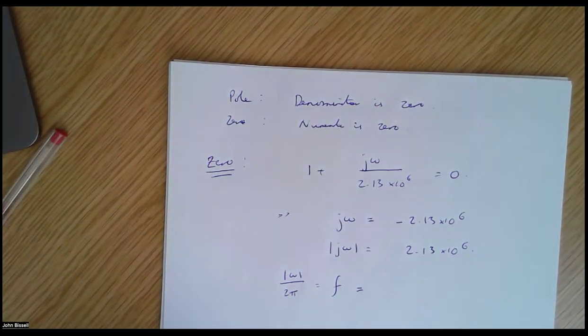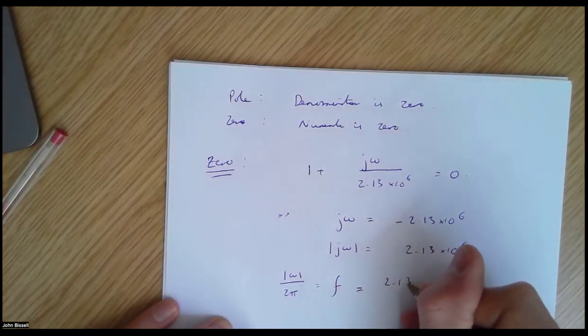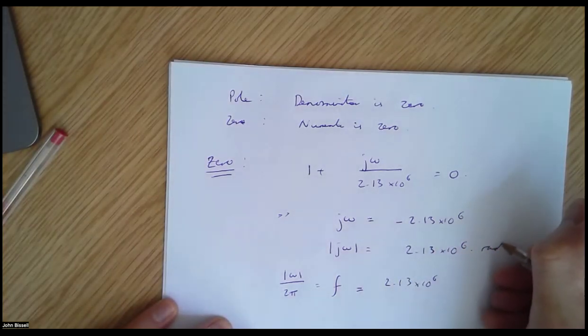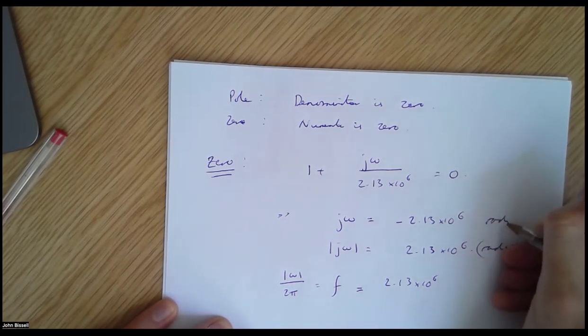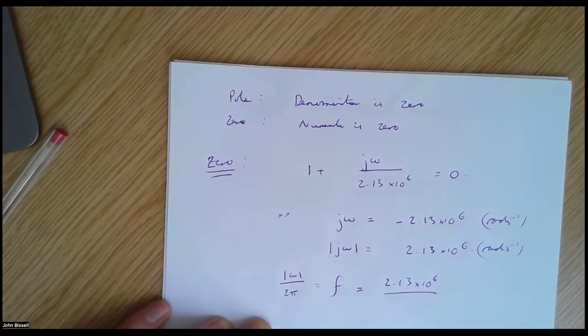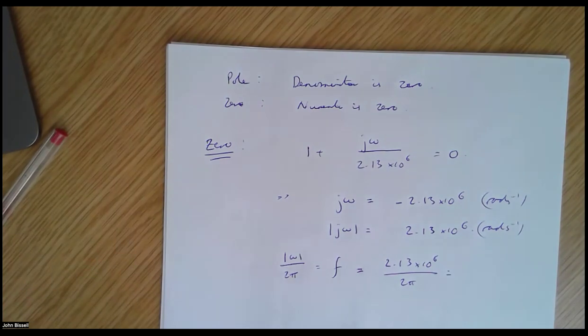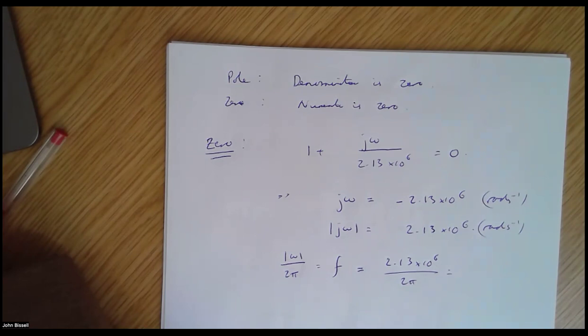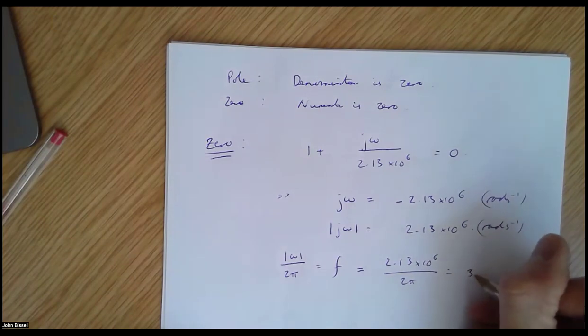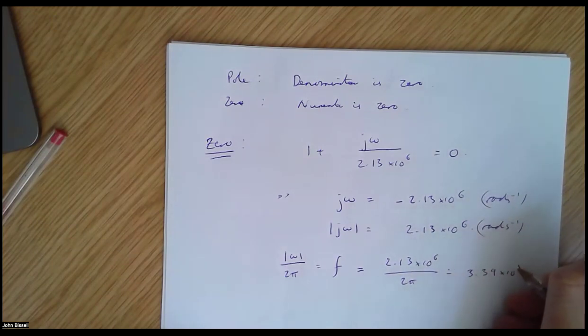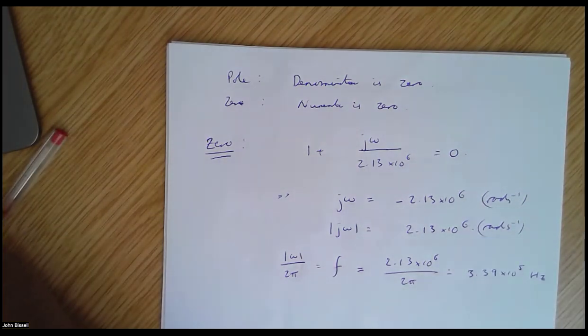This is radians per second, so divide by 2 pi to give us per second, or hertz. 2.13 divided by 2 pi is, Zia? 3.39 times 10 to the power of 5 hertz.